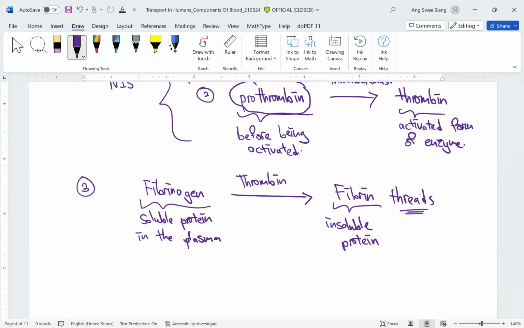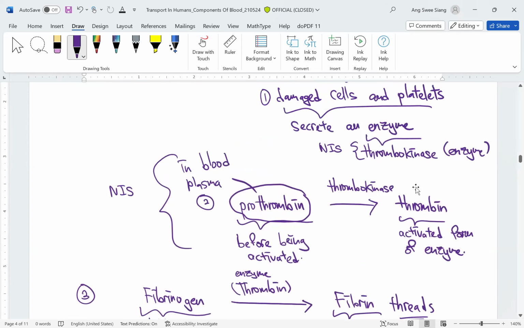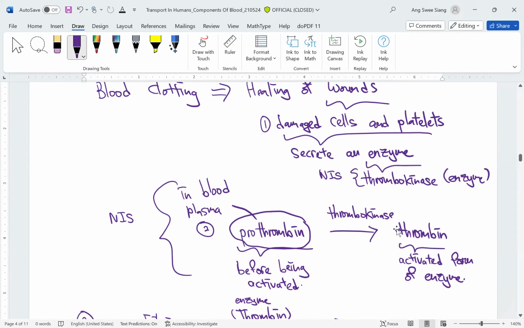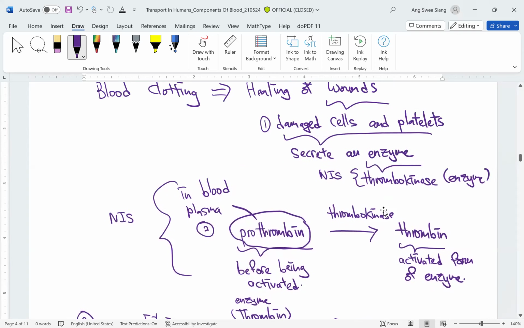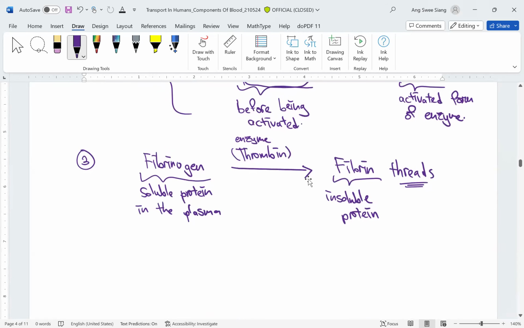You don't need to know the name thrombin, but you must tell me it's an enzyme that catalyzes the conversion of fibrinogen to fibrin, and this enzyme is released by the damaged cells and platelets. I fill up the missing steps so that you can understand slightly better. Steps 1 and 2 are not in your syllabus anymore, so we go directly to step number 3.